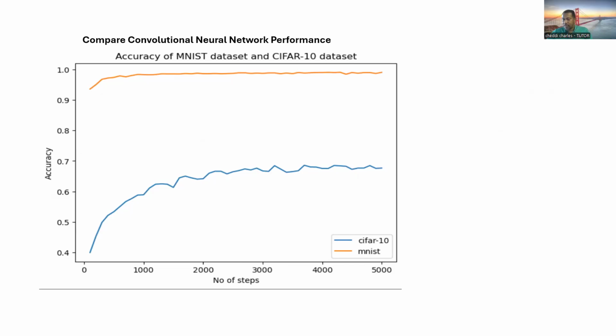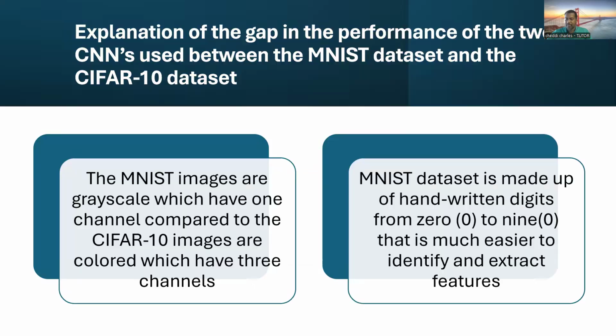So what are some of the reasons we can think of for this sort of gap in the accuracy? It was almost perfect in terms of accuracy for the MNIST dataset. So let's have a little explanation here. Remember, MNIST is grayscale, which has 1 channel, compared to the CIFAR-10 images, which are colored and have 3 channels.